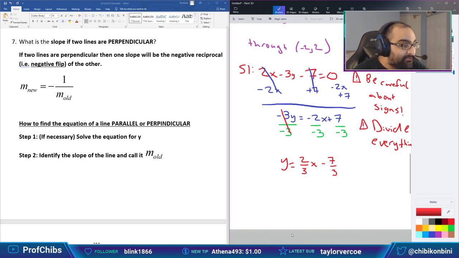You just have to be strategic about what you choose because you want nice answers at the end of the day to make it easier for you to plot the points. So you can start off with a good point, and then go rise over run. In this case, you would rise by 2, go up by 2 and to the right by 3, and you'd be able to find another point.